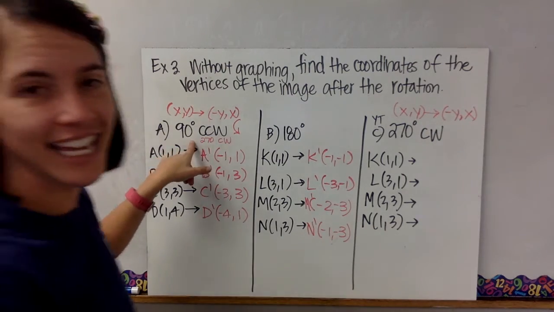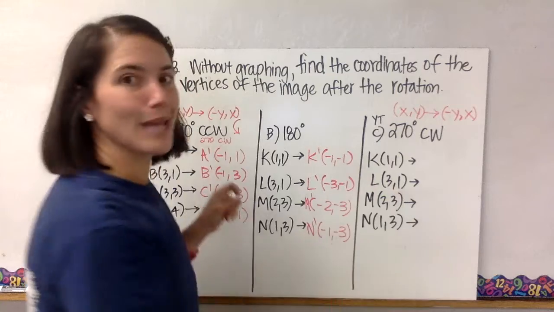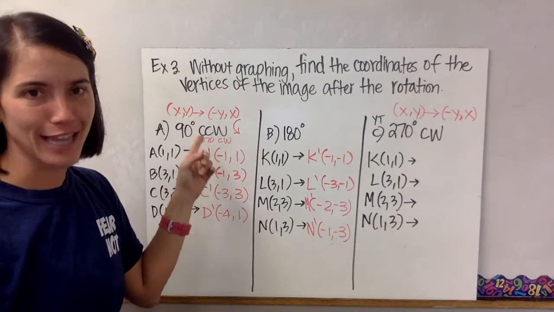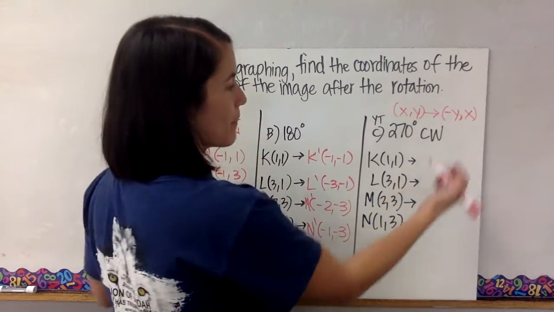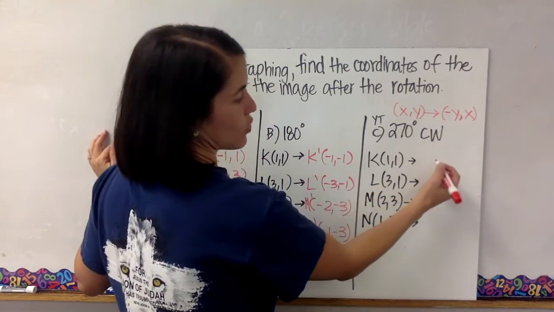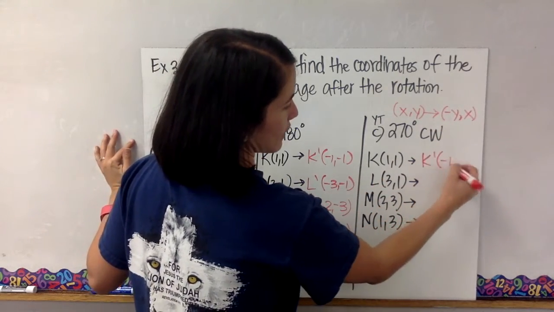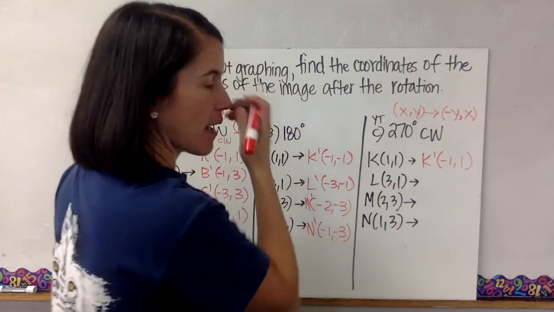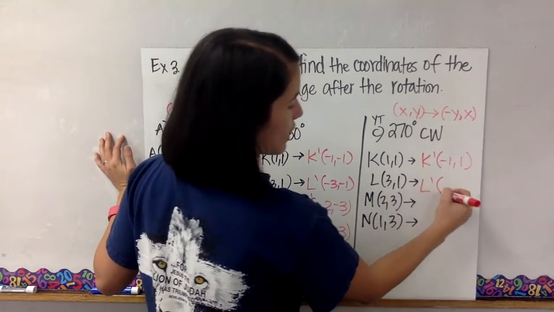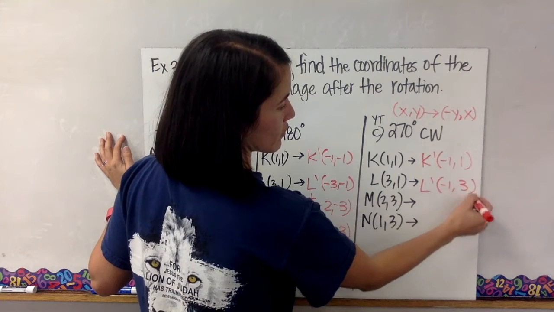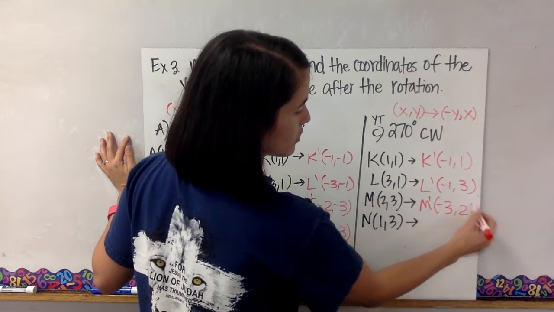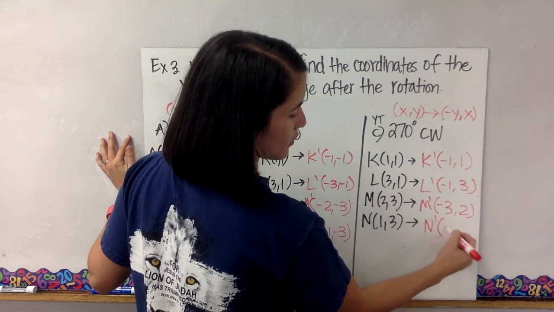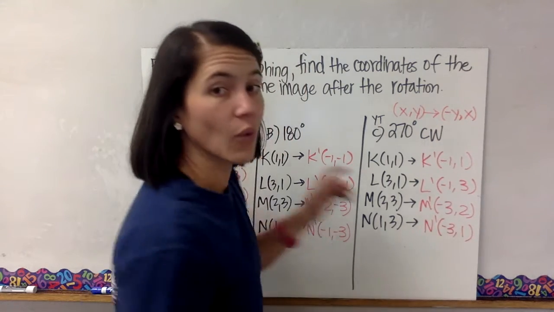Oh yeah, 90 degrees clockwise is the same as 270 counter. 90 degrees counter is the same as 270 clockwise, so it's going to be the same pattern. Our new x coordinate is going to be negative, and I'm going to switch them. So L prime, -1, 3, M prime, -3, 2, and N prime, -3, 1.